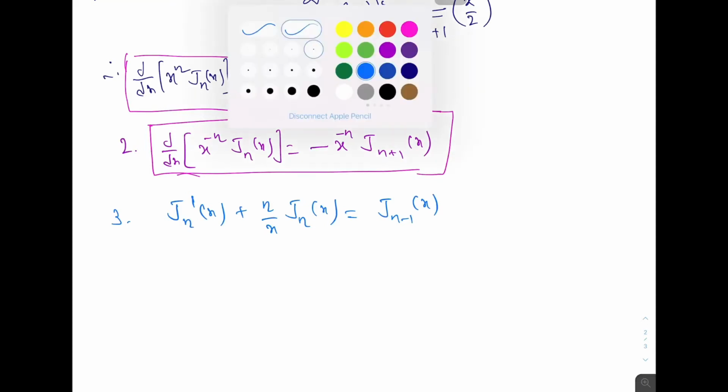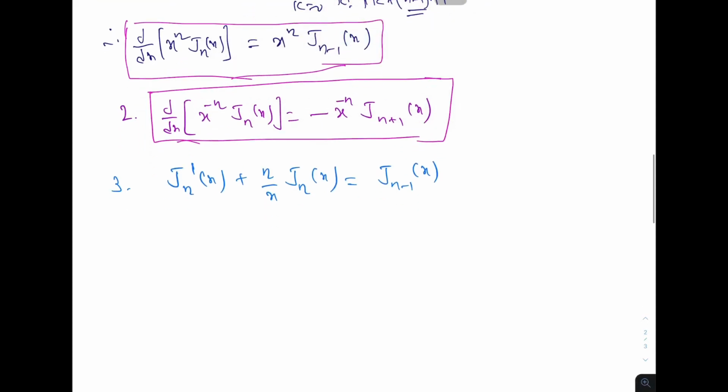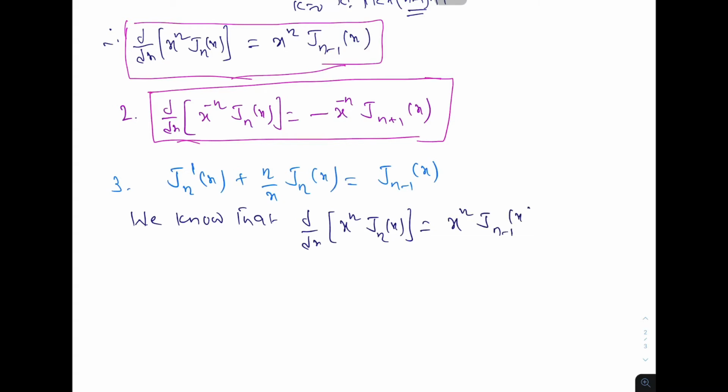So let us now prove this, it's not difficult. So we know that d by dx of x power n Jnx equal to x power n J n minus 1 x, this one.